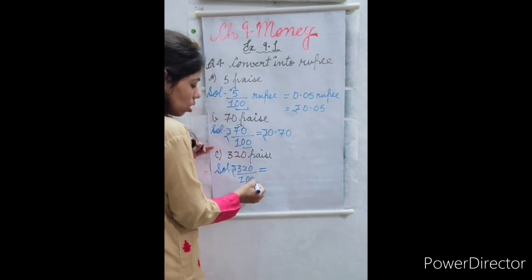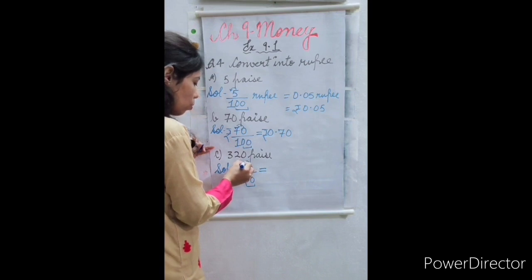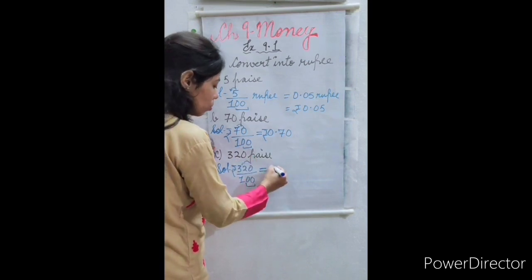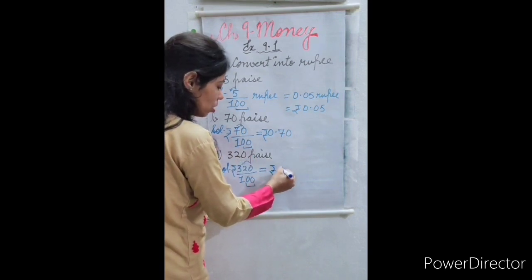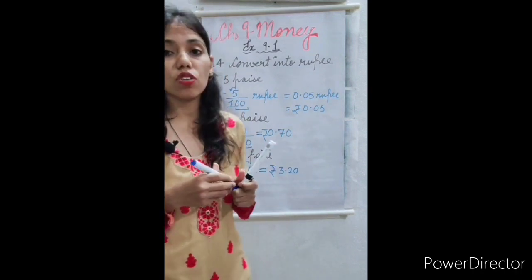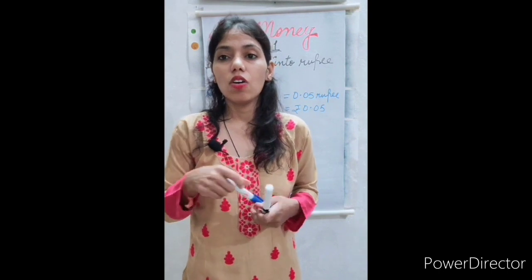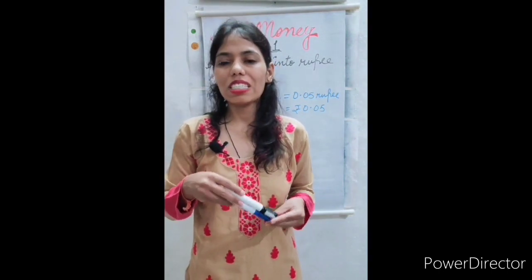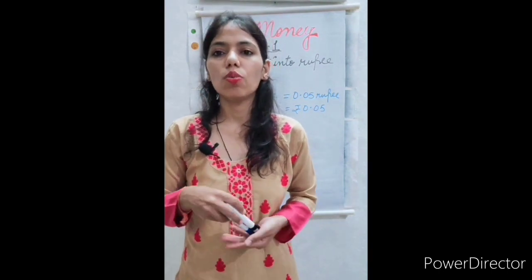As in this 2 zeros are there, so before 2 digits we will place a decimal. It will be rupees 3.20. In this question 4 parts are there. The fourth part, that is 1563 paise, that you will do by your own.